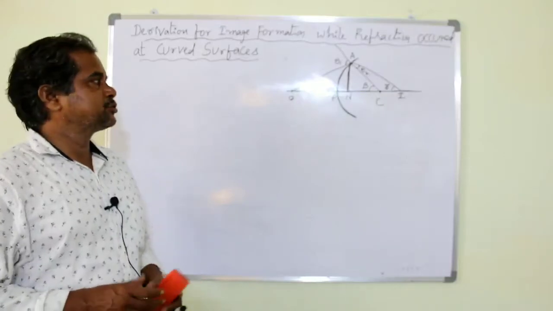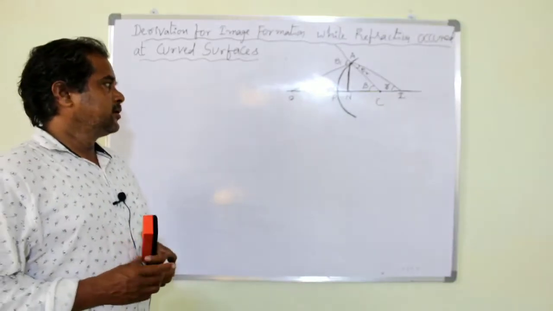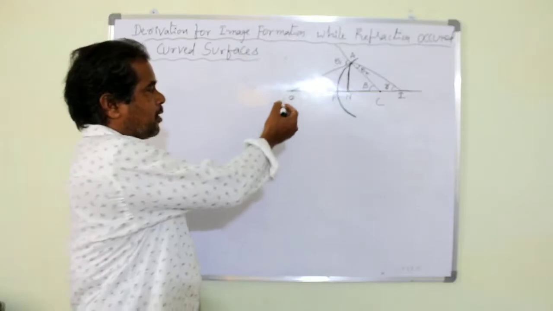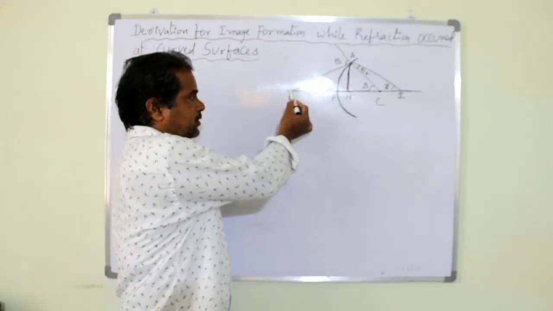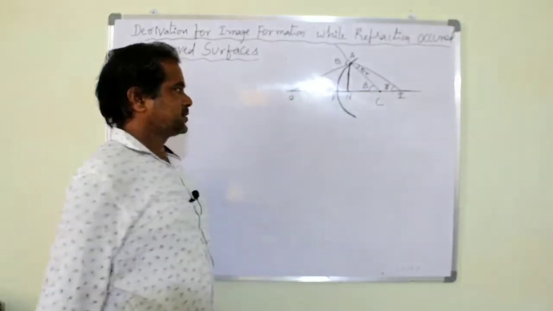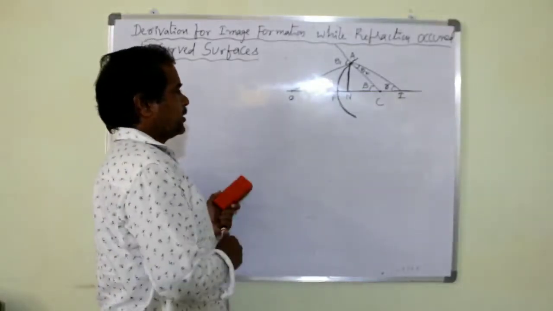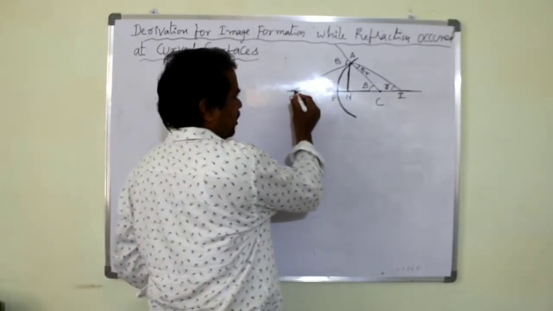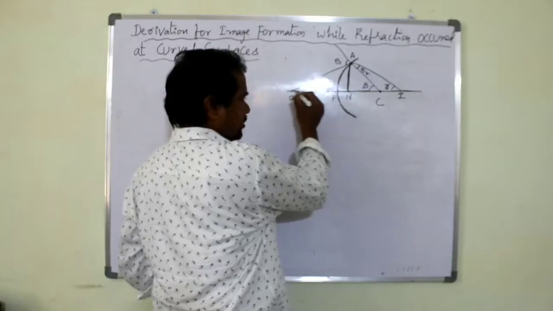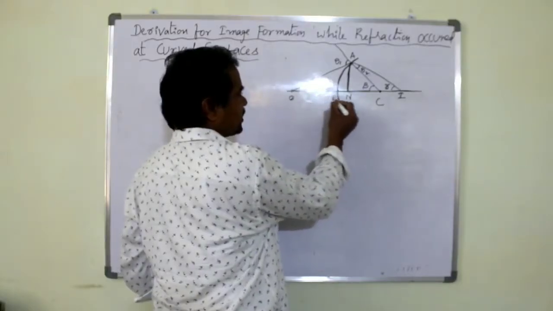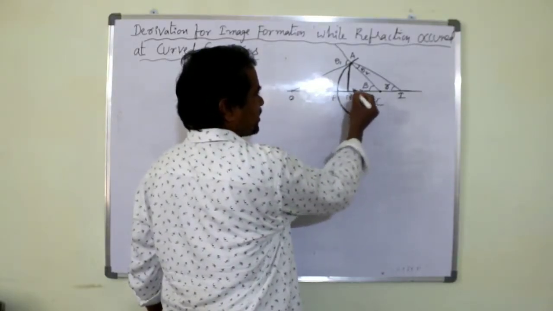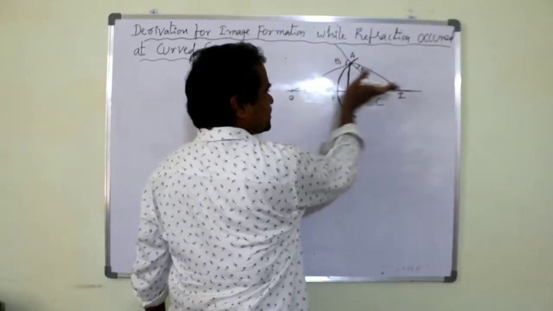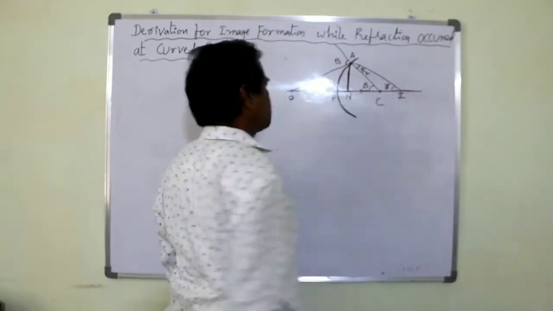For this, we assume one situation in which we place one point object at point O on the principal axis. One light ray passes along the principal axis from the point object O, then the corresponding refracted ray doesn't deviate its direction, so it moves in the same way.